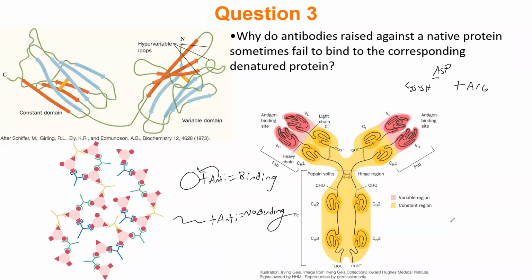That is true, but antibodies actually don't care if a protein is functioning or not. Antibodies look for specific shapes and specific characteristics. And by characteristics, I mean charge, polarity, or hydrophobic characteristics.